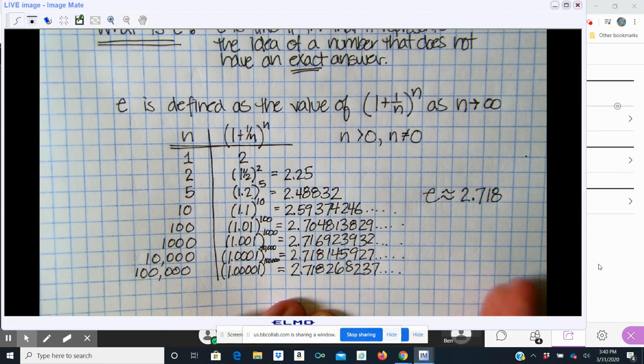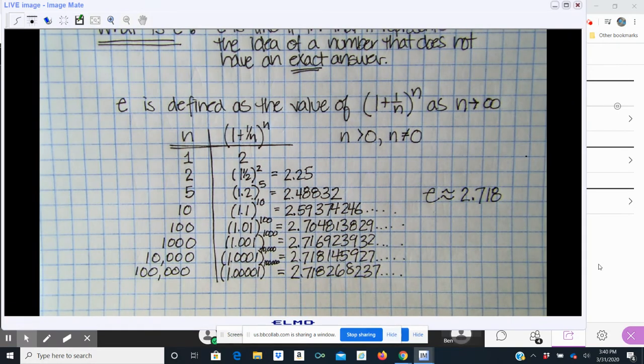In the same way that when you see pi and think 3.14, we now need you to see an e and think 2.718. Or if you'd rather, just like pi is a little bit more than 3, e is a little bit less than 3.